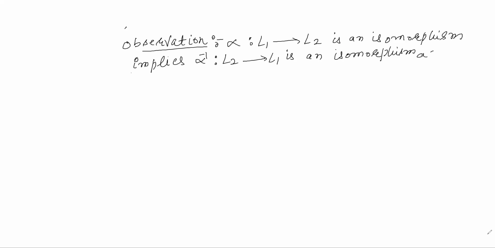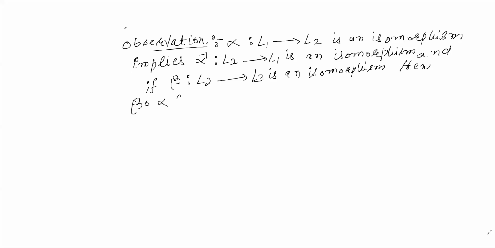And if beta from L2 to another lattice L3 is an isomorphism, then if I compose beta and alpha, this beta composition alpha from L1 to L3 is an isomorphism.